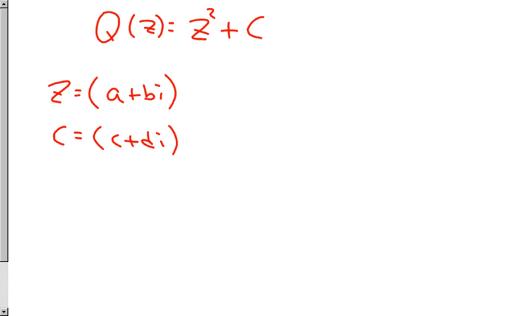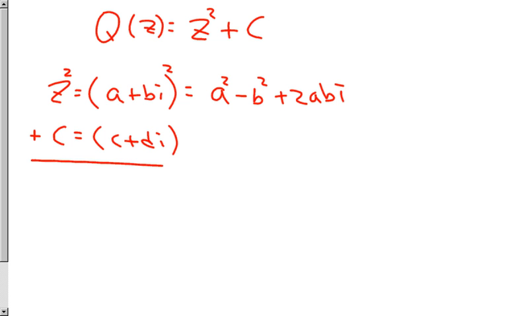I will square that, which will give us a squared minus b squared plus 2ab i. And what am I doing to that? I'm adding c, which is c plus di.